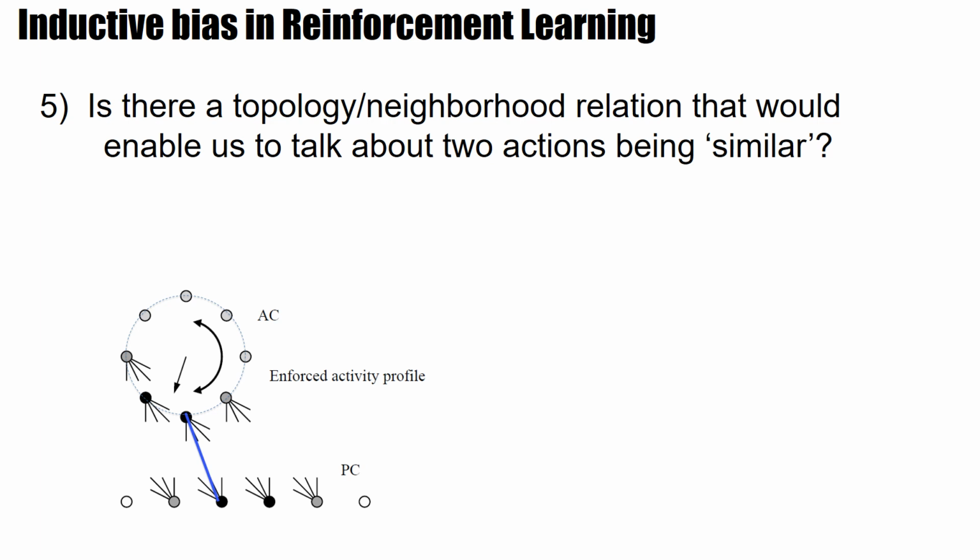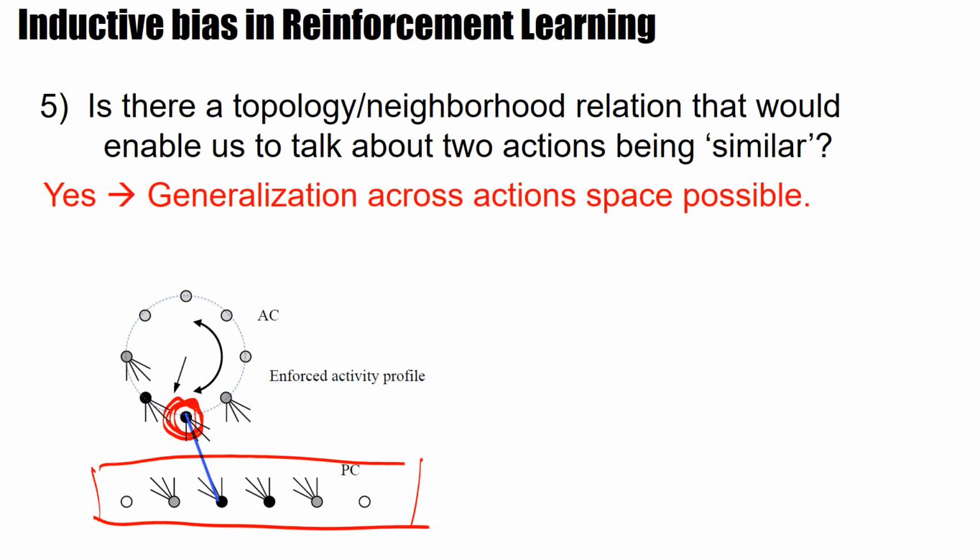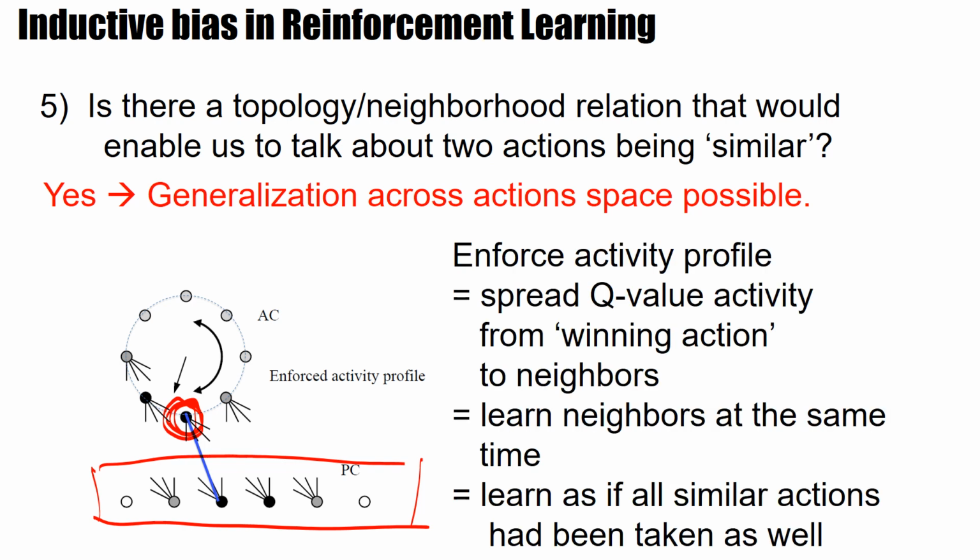So how can we use that? Suppose this is the action that was chosen in my current state, and the current state is represented here by my set of basis functions. Then what we do is we say, well, this has a high Q value, and this is the max Q value that we use for the action choice, but for learning, we generalize across the action space by enforcing Q values of the neighboring actions, and there are many neighboring actions that are also high.